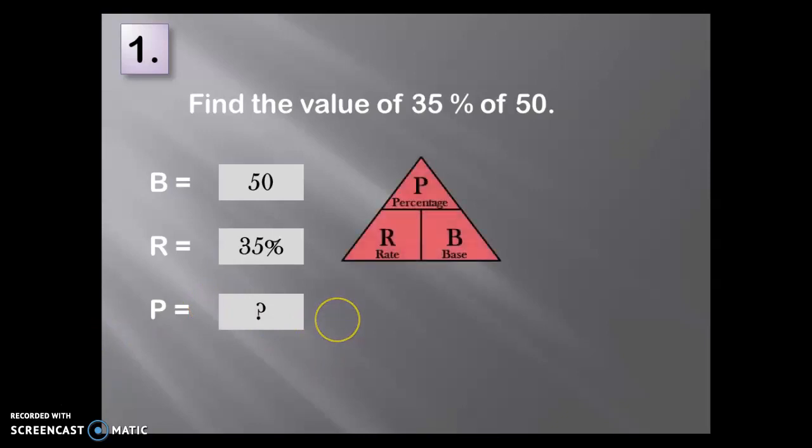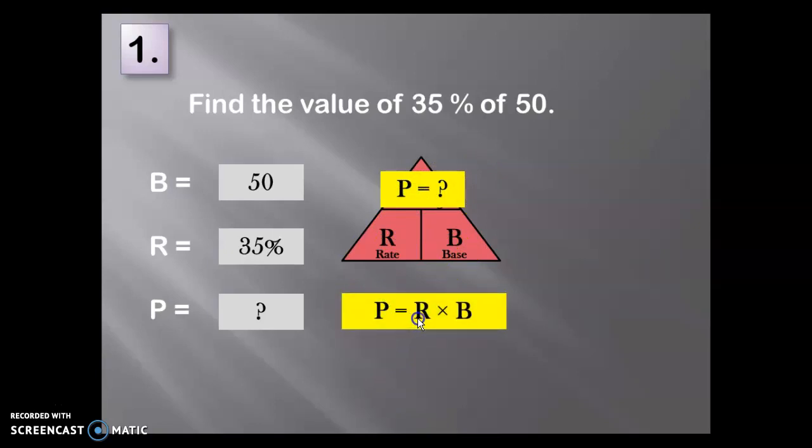Now, using the Tekan's triangle, simply cover the part where percentage is located. There. What remain are rate and base. So to get the percentage, we simply have to multiply the rate and the base.